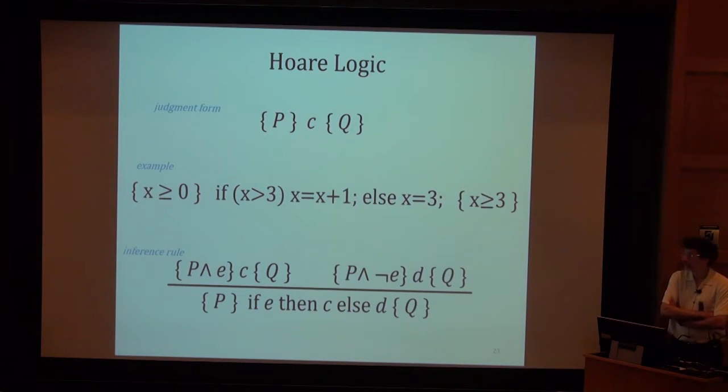It's a logic of partial correctness. And of course, when you run a C command, it has different ways of exiting. It could break, it could continue, it could fall through normally, it could return. And so really the postcondition is a collection of postconditions for the different ways a command could exit.